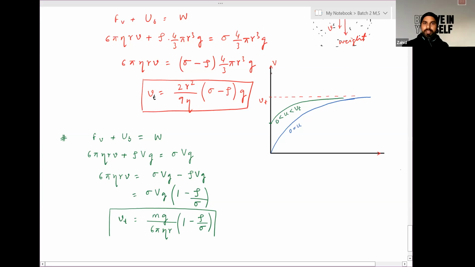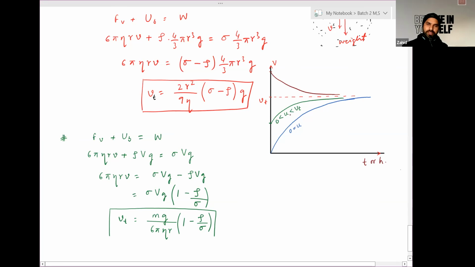Now suppose a body is projected at some greater velocity as compared to terminal velocity, so its velocity starts decreasing to attain terminal velocity at some instant like this. So this horizontal axis will be with respect to time or with respect to height.